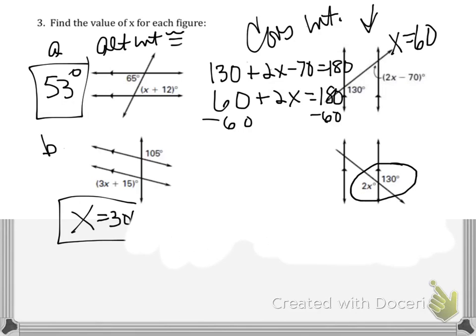Vertical angles are congruent. So you can solve by saying 2x equals 130. Divide both sides by 2, and you're getting x is 65 degrees. And there you have it. So that page is now done, and I'll stop the video and I'll do another video for the remaining sections.